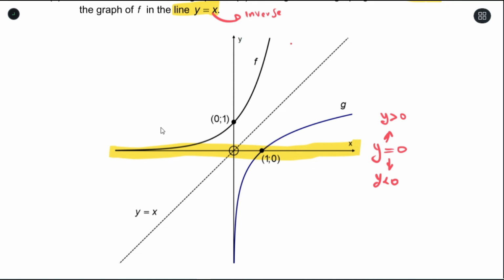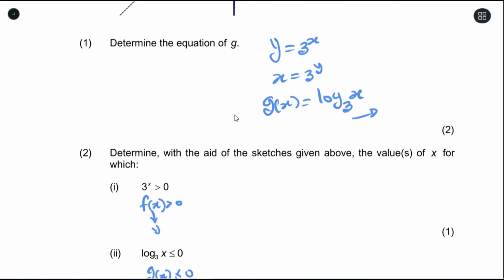For our f graph, we can clearly see that every value of x would be above the y equals 0 line, which is our x-axis line. So our simple answer is x is an element of the real numbers. We could also write it as x from negative infinity to positive infinity. It represents all the values.